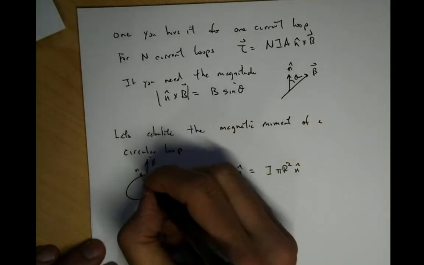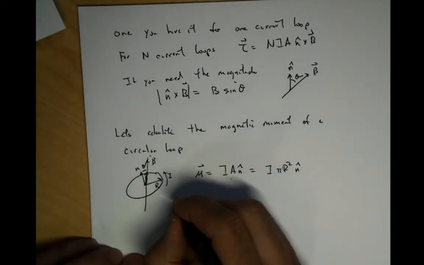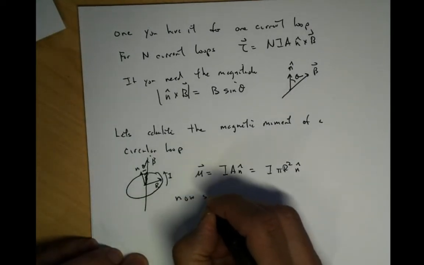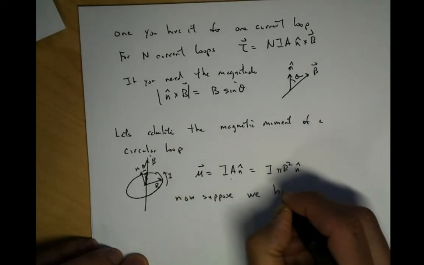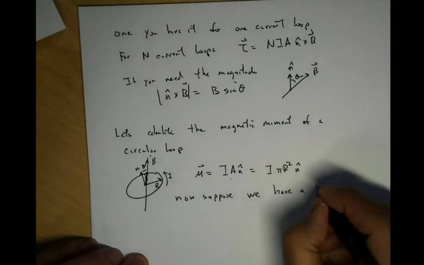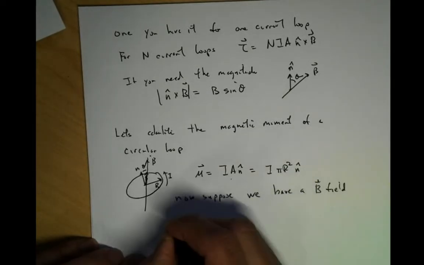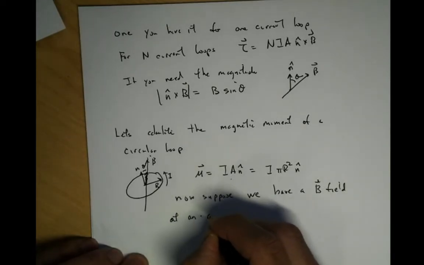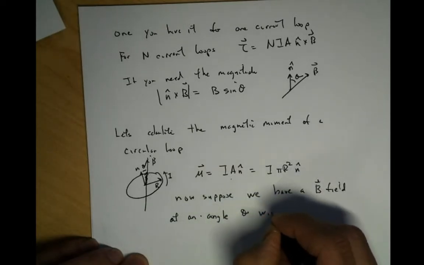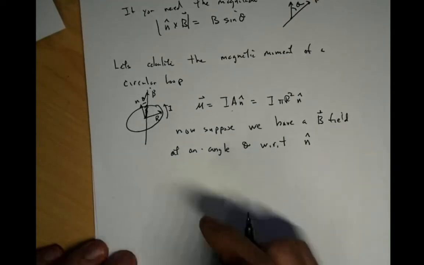Now, suppose we have a B field at an angle theta with respect to n hat, right?